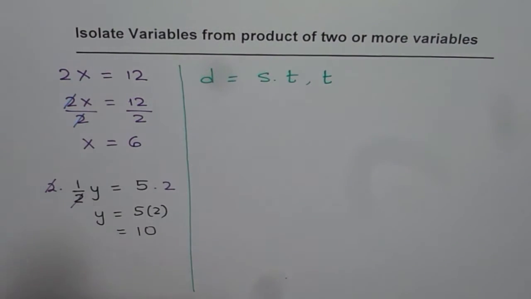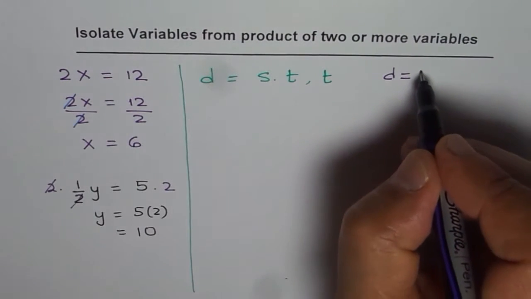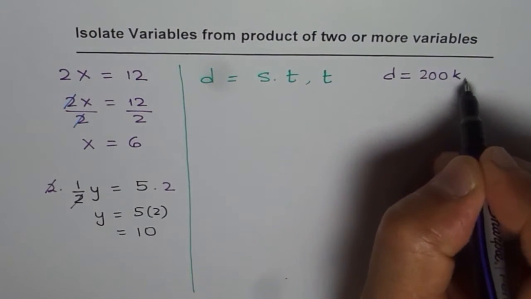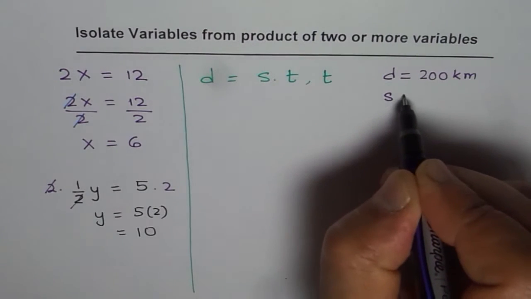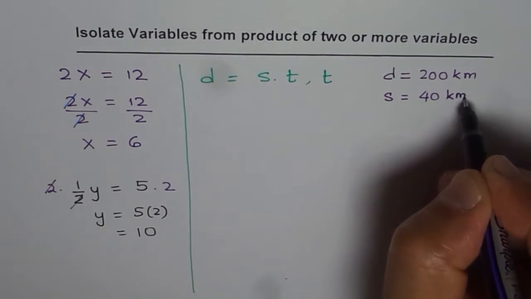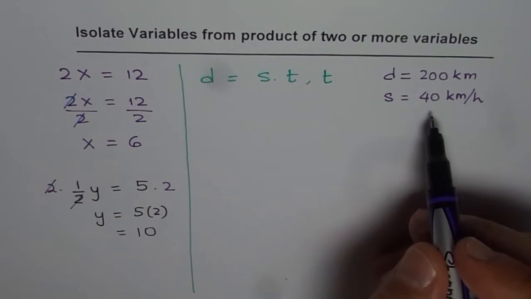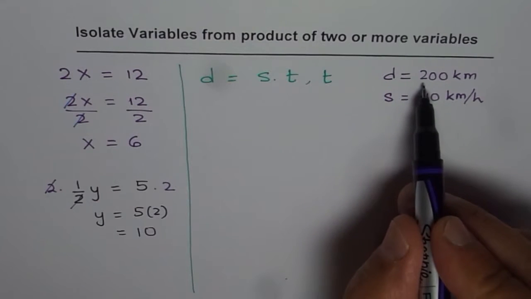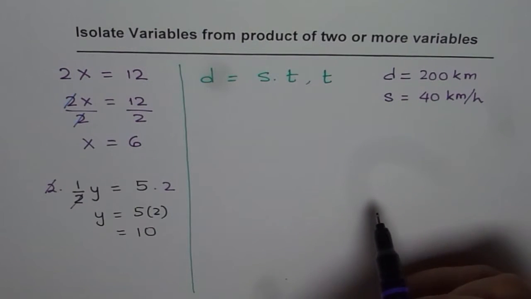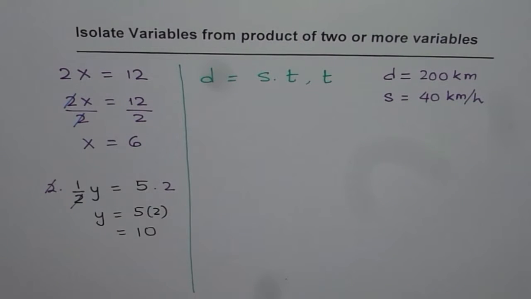Well, to give you an example, let us say distance d is equal to 200 kilometers and speed is, let us say, 40 kilometers per hour. In that case, how much time are we going to take to cover the distance of 200 kilometers? So that kind of problem we can solve with this formula.